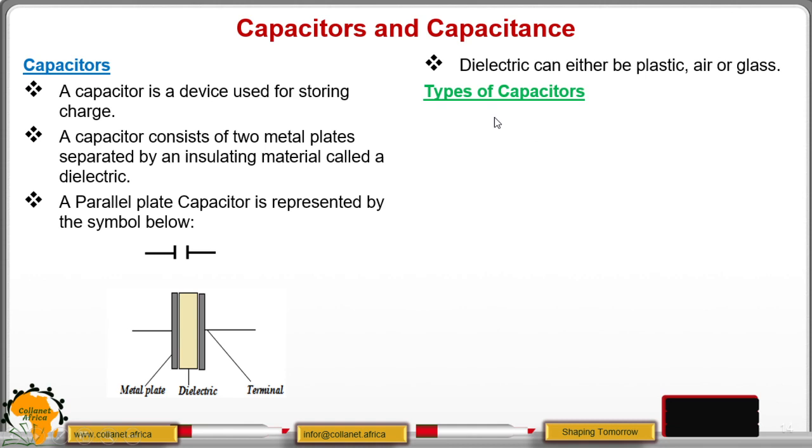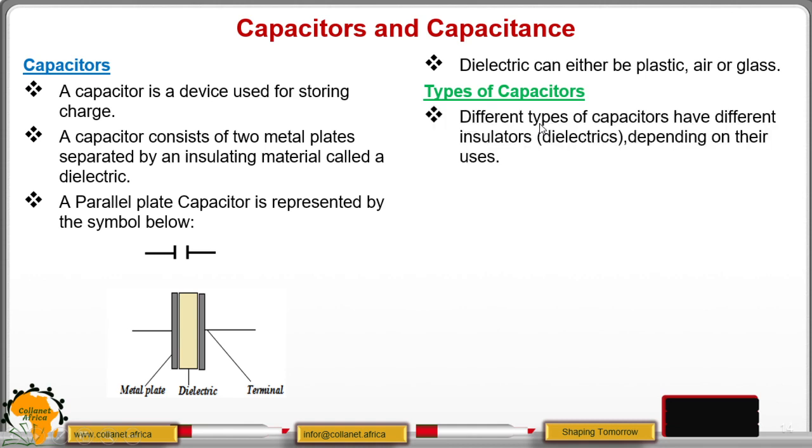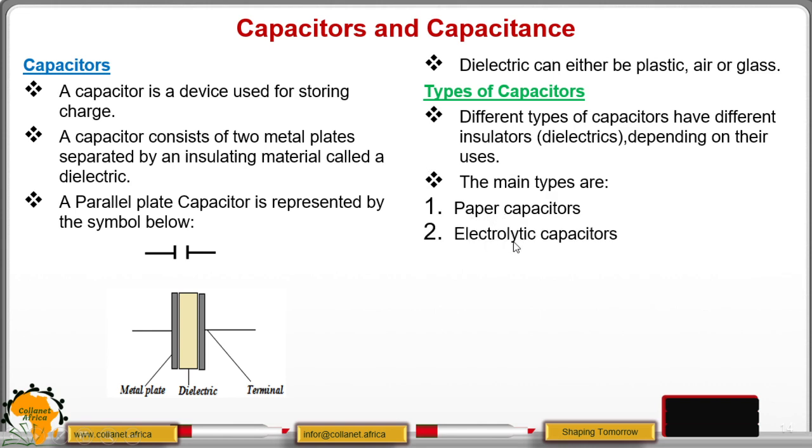Then we move to types of capacitors. Now, the type of capacitor depends on its use, and it also depends on the material that is being used as a dielectric. For example, you have a paper capacitor, which implies that the dielectric is paper. Electrolytic, which means that electrolyte is the one being used as a dielectric.